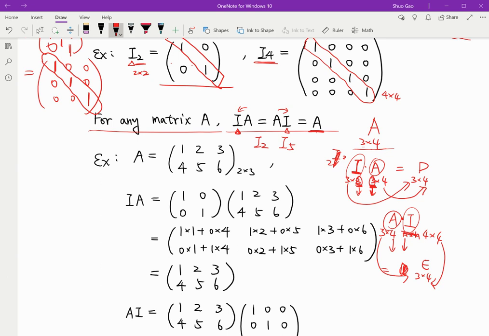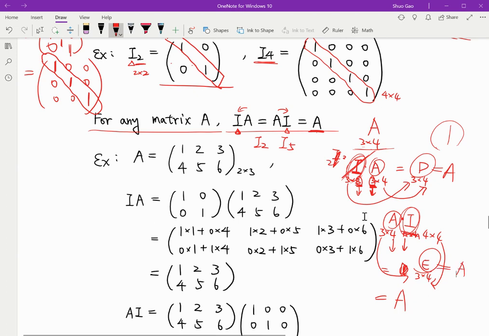The matrix D and the matrix E should be the same thing. They should be just the matrix A. Whether or not we use a different identity matrix, it doesn't matter. We just consider the identity matrix as the number 1. No matter what kind of identity matrix you use, just consider it to be the number 1. And then when we calculate I times A, we can just cancel this I and the resulting matrix should be A. And the matrix E should also be A.